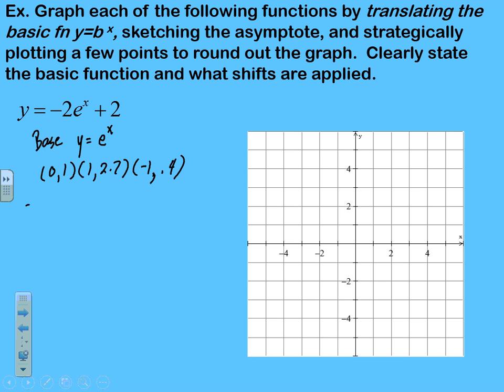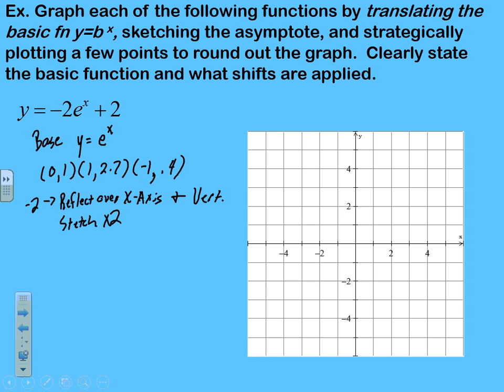The negative 2 says to reflect over the x-axis, and it's going to give us a vertical stretch two times. So we're going to pull it upwards two times from what we would normally do.